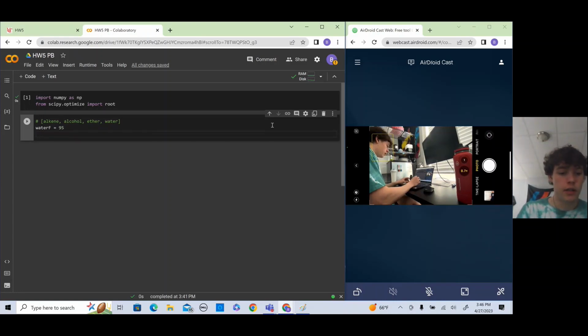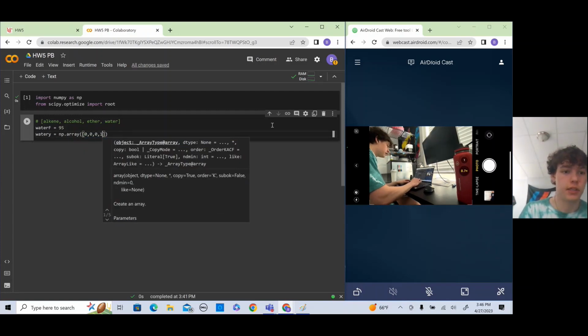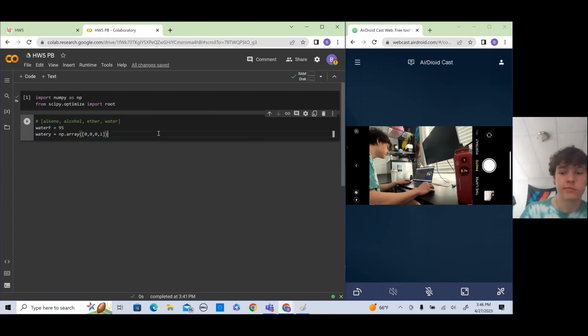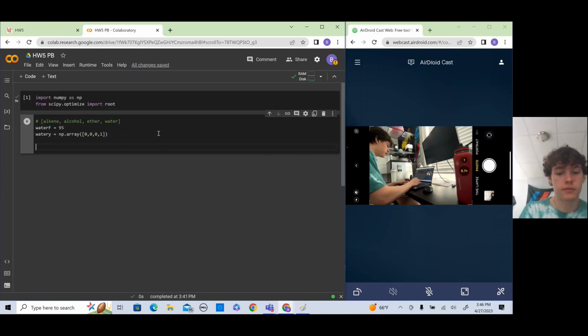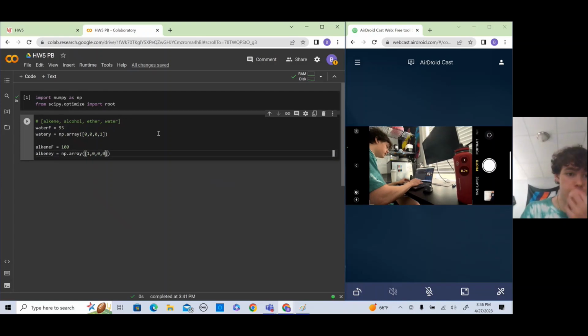And our water composition, so our water Y will be an NP array, and then it will be 0, 0, 0, and 1 for our water. We have our alkene flow rate, which is 100 moles per second, and our alkene composition, which is 1 for our alkene, 0 for everything else.